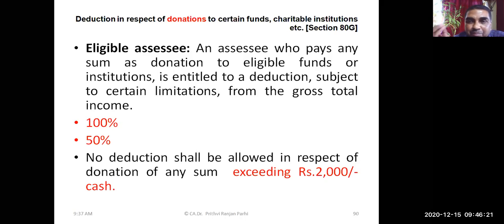If you give a donation to them, you will be eligible to get a deduction. In some cases the deduction amount is 100%, in some cases it is 50%. And if the donation value exceeds rupees 2,000, then the donation should be made otherwise than in cash. Then only you will be eligible for deduction.